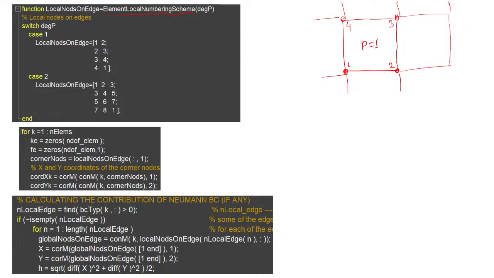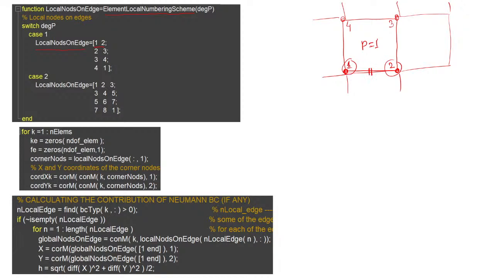Alright, and this numbering we have done in such a way that we always start from the bottom left corner of a given element. So this is the local number, related to that particular element. Now what we have done in this variable, local nodes on edge, is arrange the local numbers row wise.